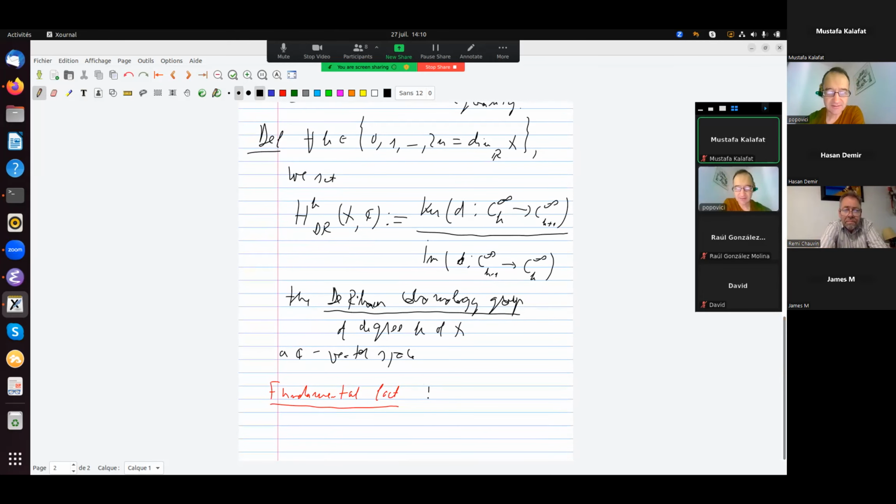If X is compact, the de Rham cohomology space has finite dimension. So the dimension as a C vector space of H^k de Rham of X is finite. Right? This means finite. So one way of proving this is using PDE theory, what is called the elliptic theory.